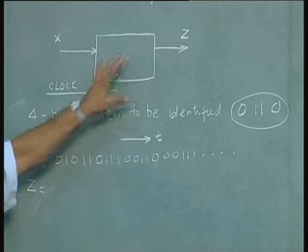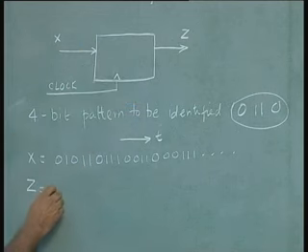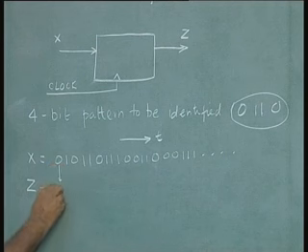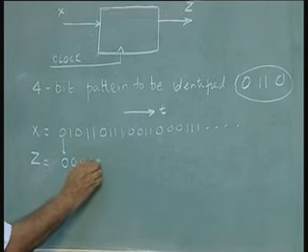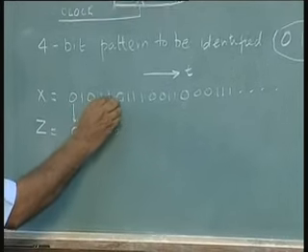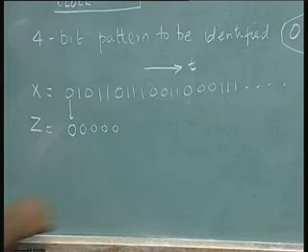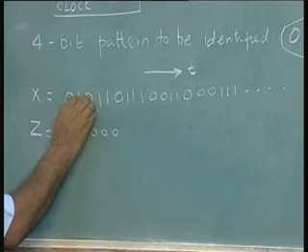Initially there is no output. As the bits keep coming, there will be no output here, the output will be 0 0 0 0 0 0 1 1 1 0 has occurred. Now, this is one of the patterns required.